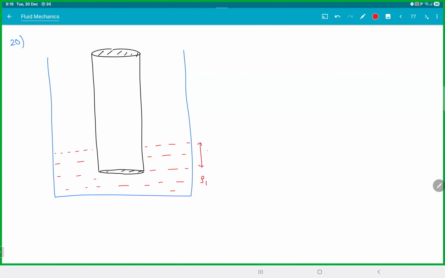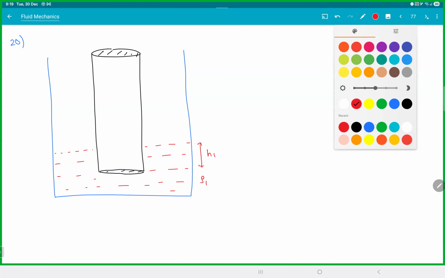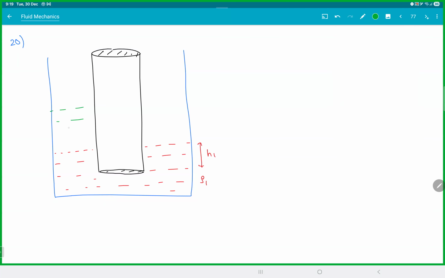This height is h1. This is filled with rho 2. This height is h2. This is h3. Let's do one thing. This is rho 1, h1. This is h3, rho 3.